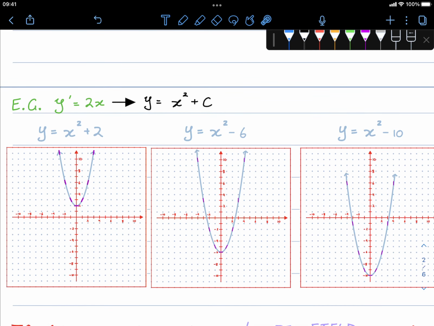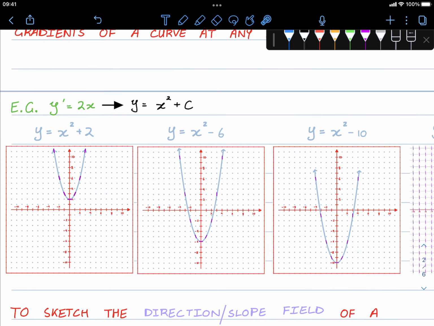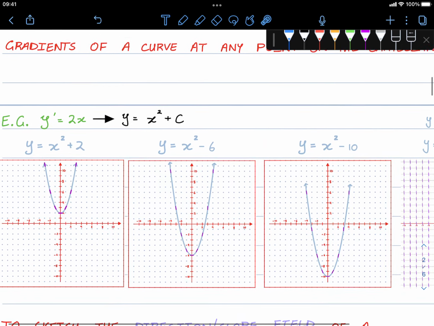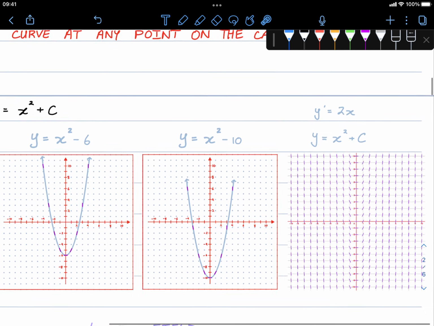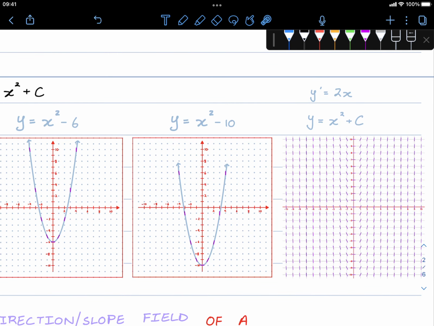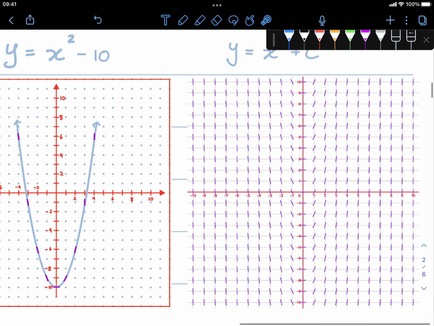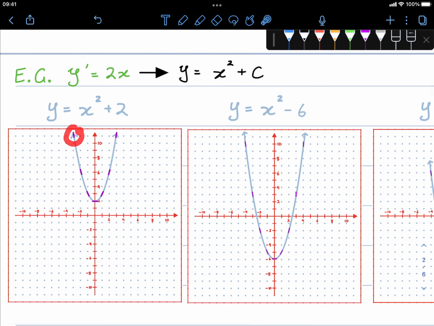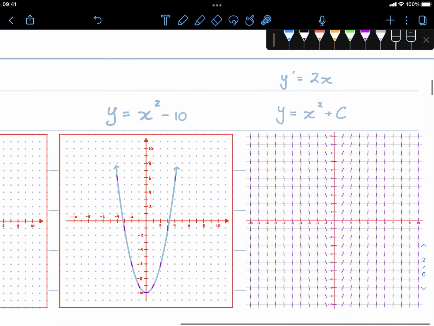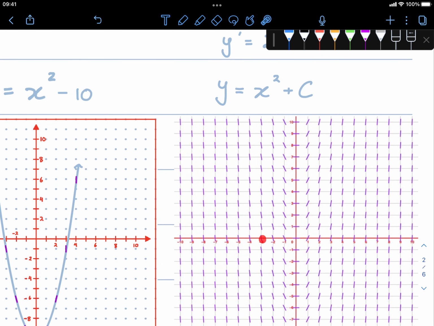But these three are just guesses as to what plus c might be. Rather than guess what c might equal, we instead draw all the possible tangents at all points. So, for example, here at (-3, 11), this tangent here is represented as (-3, 11).